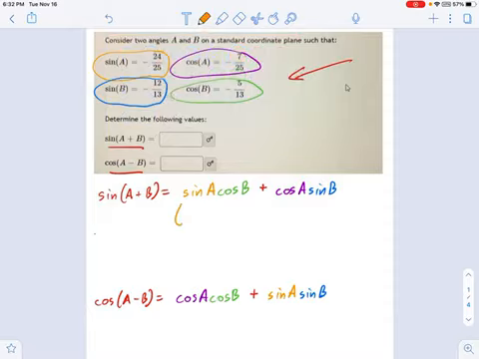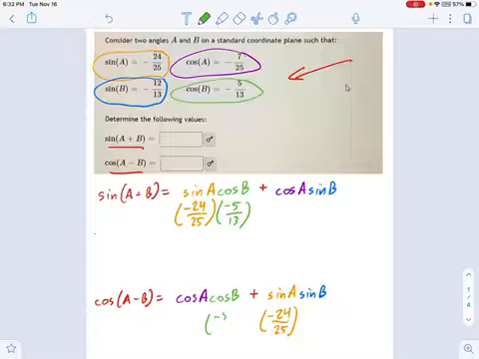Okay, I take negative 24 over 25 as my sine of A. And let's just plop that down here while I'm at it, so I don't have to change pens quite as much. And cosine of B, what is that? Well, that's negative 5/13. There we go. And I'll just put that down here. And what else do we have?